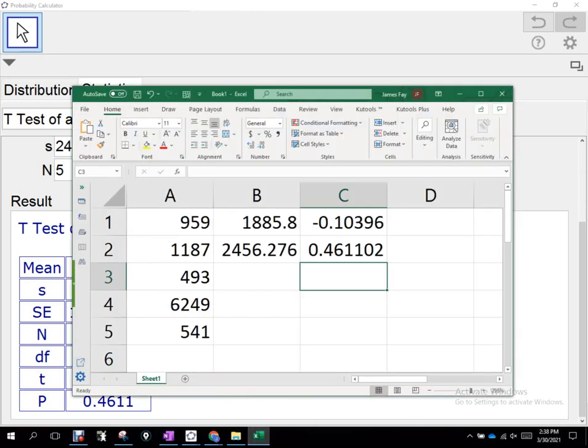We could set it up to where we type in our sample, and then, based off of that, and typing in whether we know sigma or don't know sigma, it will actually choose the correct test for us. Now we have to have that knowledge before we create it.